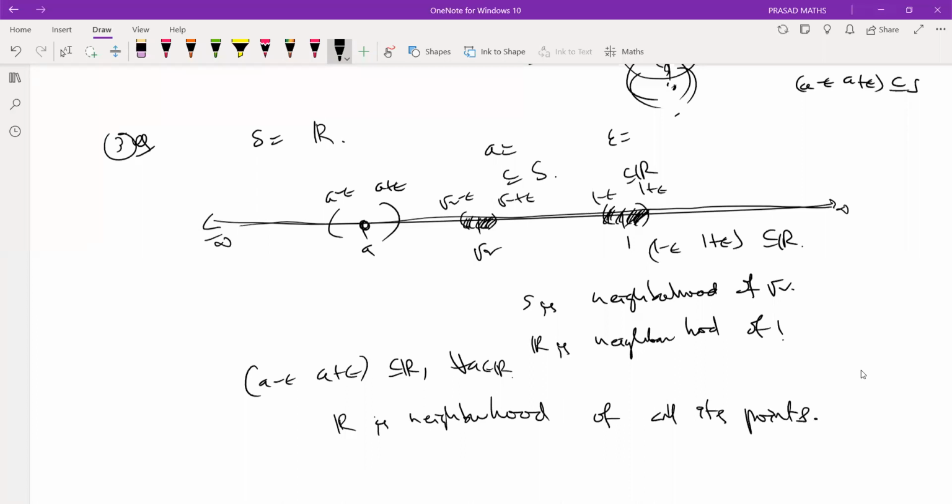Because we are working with the real line, once you find an epsilon neighborhood, it is a part of the real line, no matter how big the radius is. So automatically R is a neighborhood of all its points.